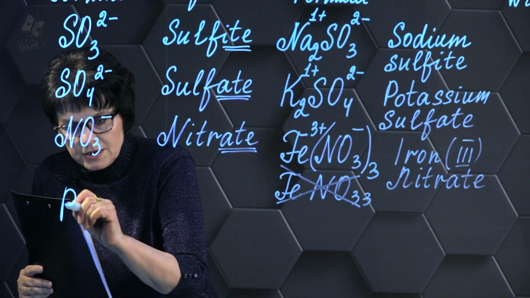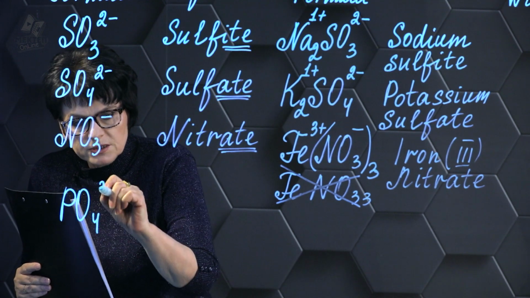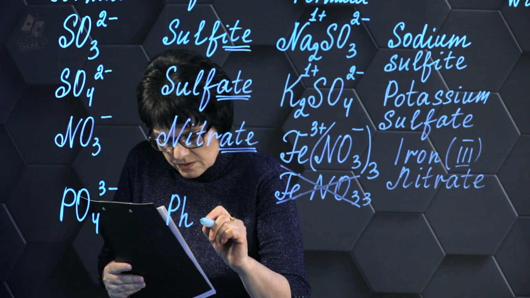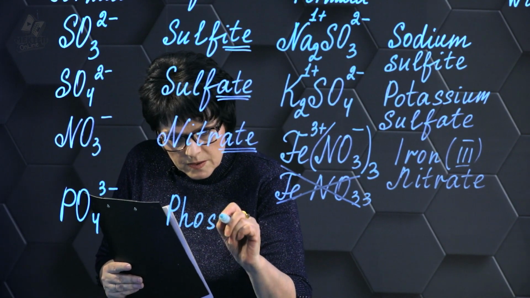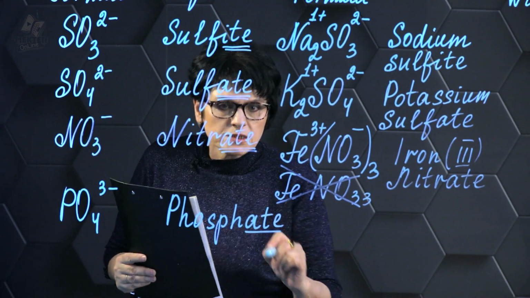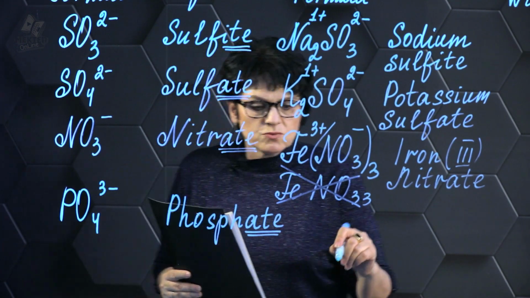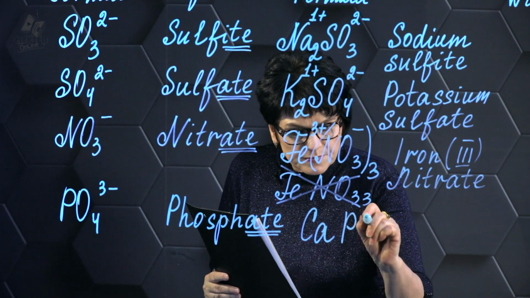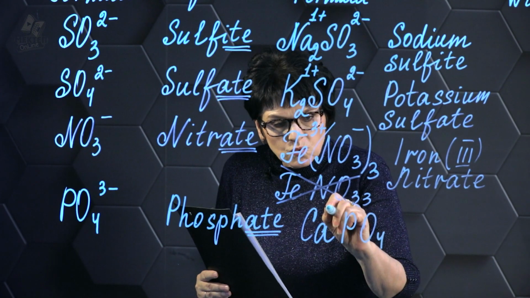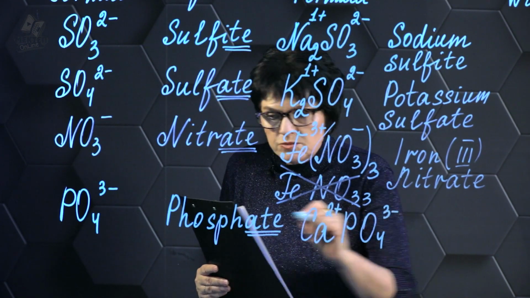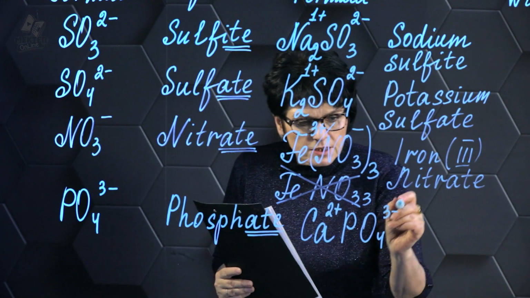The subsequent particle that follows is PO4 with a charge of 3-. Phosphate is the correct and appropriate term. Just so you know, the suffix ending will be the same. For instance, let's say it's a compound with calcium, like we discussed earlier. So, calcium has a +2 from the periodic table, and we take a -3 from here.